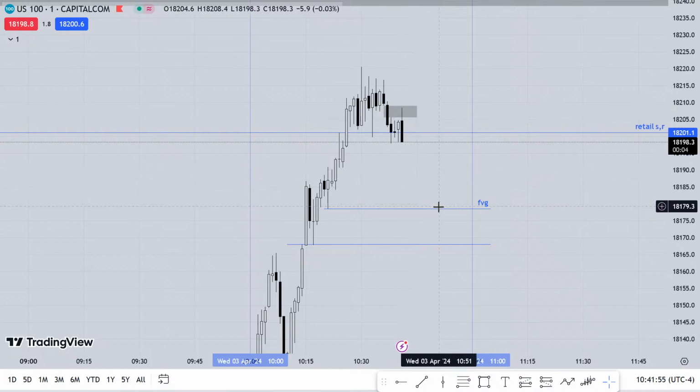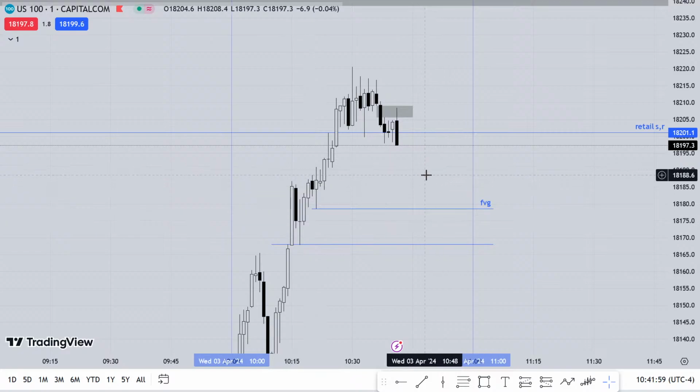From here to come to this low here that was created here.